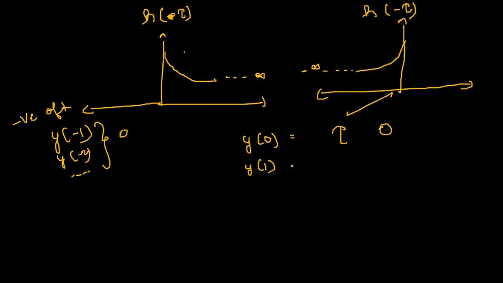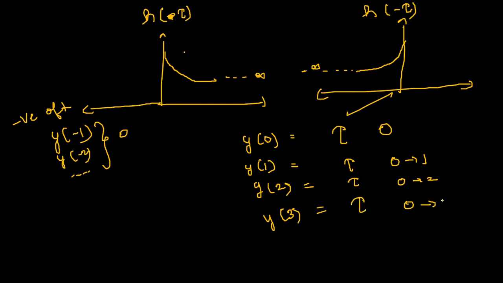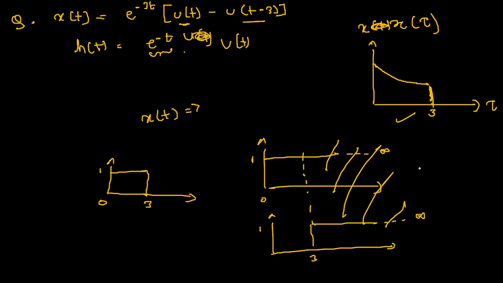At y of 1, the value of tau is present from 0 to 1. At y of 2, it's present from 0 to 2. And at y of 3, the value of tau will be present from 0 to 3. But this is where this pattern stops, because after 3, the graph of x of tau is simply 0.